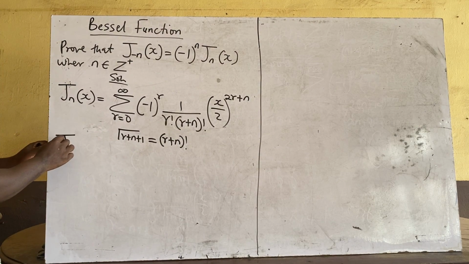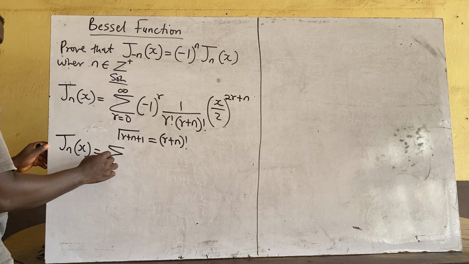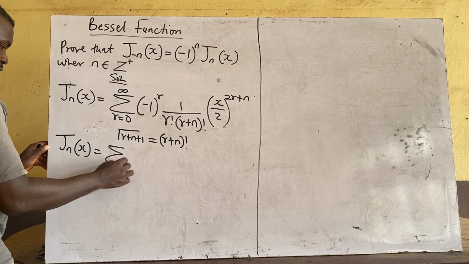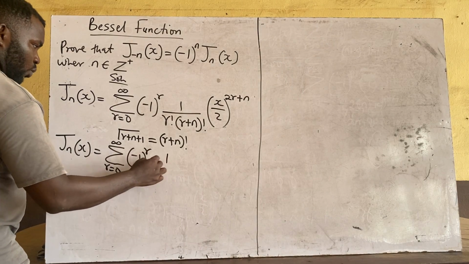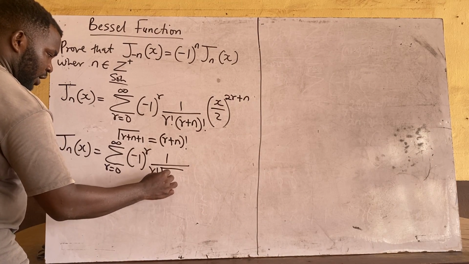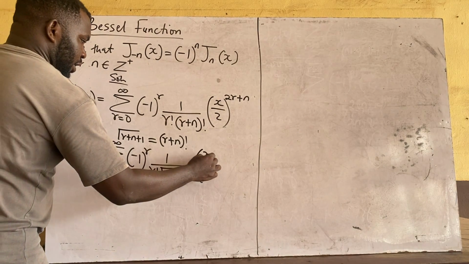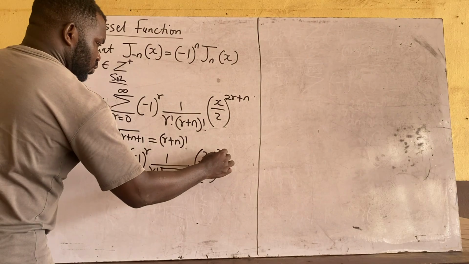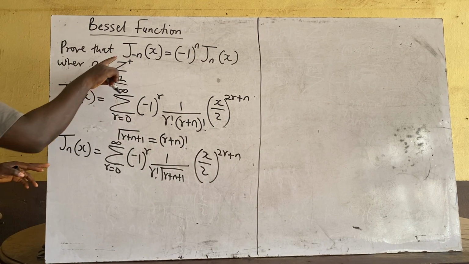So I will now have that J n of x is given as the summation of r starting from 0 to infinity of minus 1 raised to power r, then 1 over r factorial, the gamma function of r plus n plus 1. Okay, then I'm having x over 2, and then 2r plus n here. Okay, so I've gotten for J n.